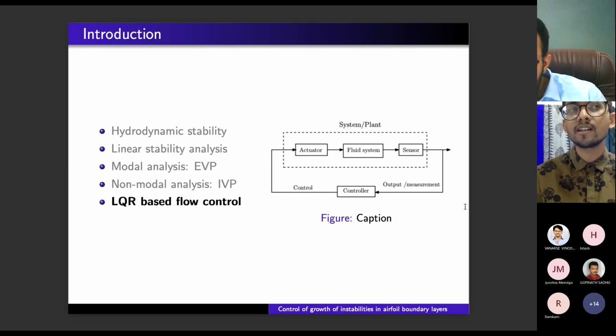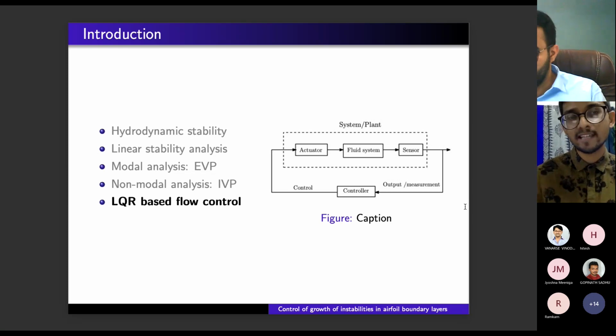And then it sends the signal back to the controller. The controller, on seeing this, determines what it needs to do in order to modify and manipulate the flow in such a way as to make it as stable as possible.